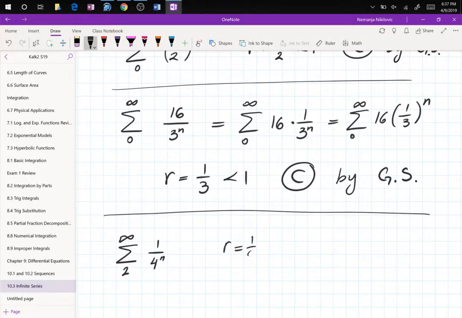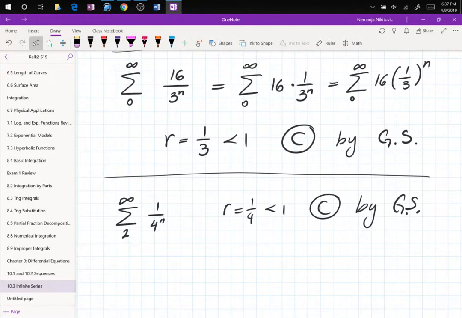R is 1/4, and that's less than 1, and it converges by geometric series. Nice. Do we see any issues here? Excellent. We do see an issue that this is not a 0. Luckily, it does not impact convergence, which is good.